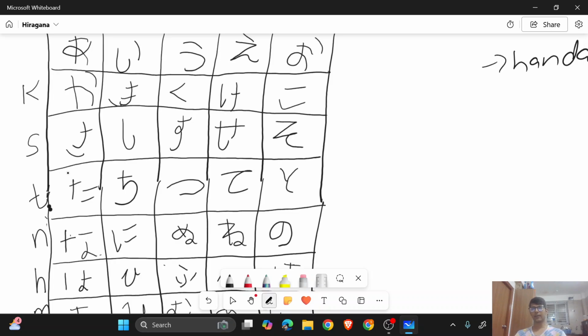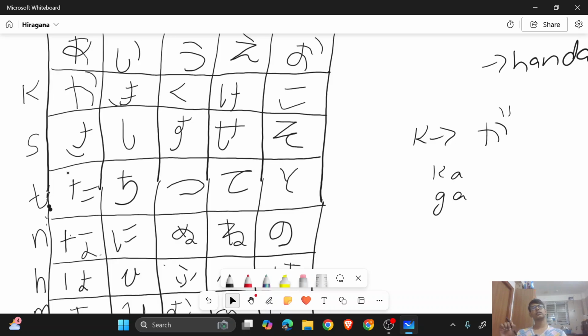Like in k, for example, if I take ka and give it dakuten, then it won't be pronounced as ka now. It is pronounced as ga. Ga. There is a little vibration. Ga. The whole line will change then.